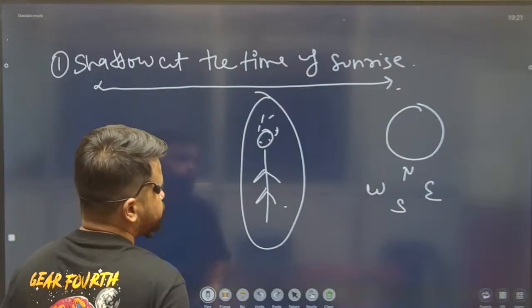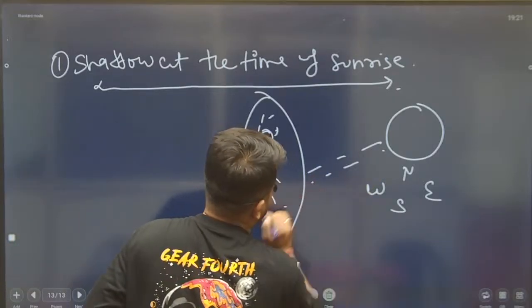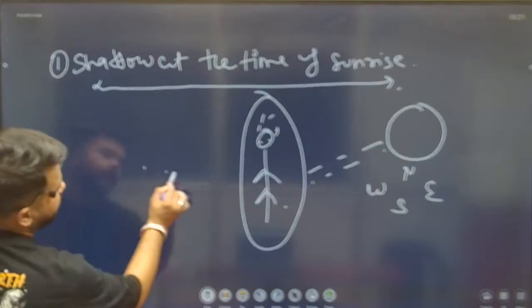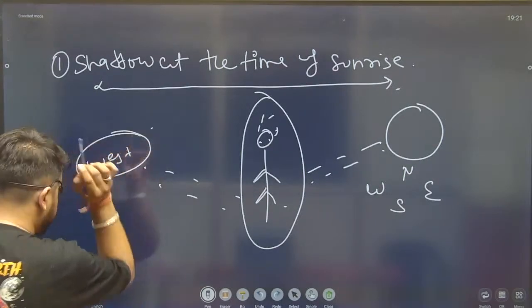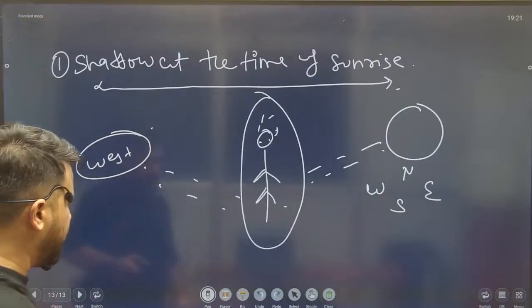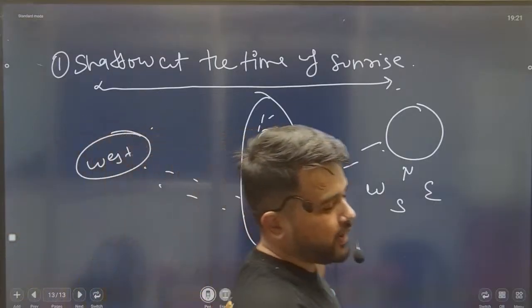Shadow at the west. Exactly, Geetika. So the shadow is coming from the east side on this boy, and it is reflecting towards the west. That's all I wanted to explain.